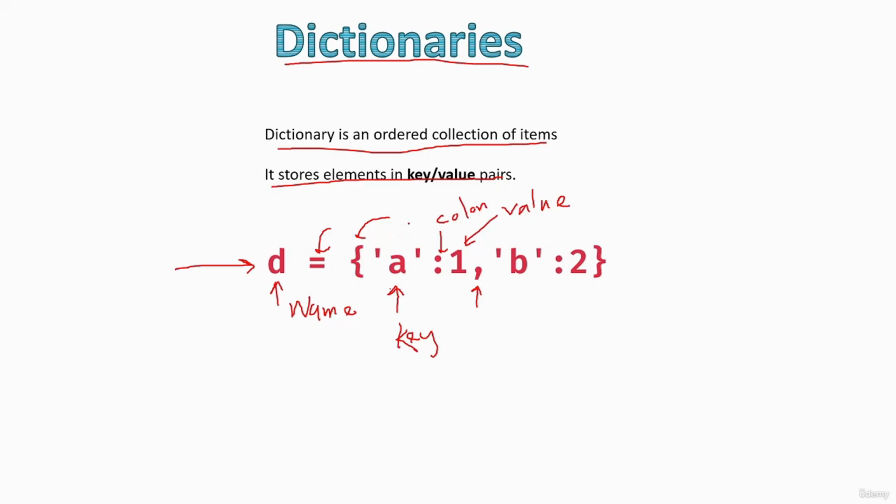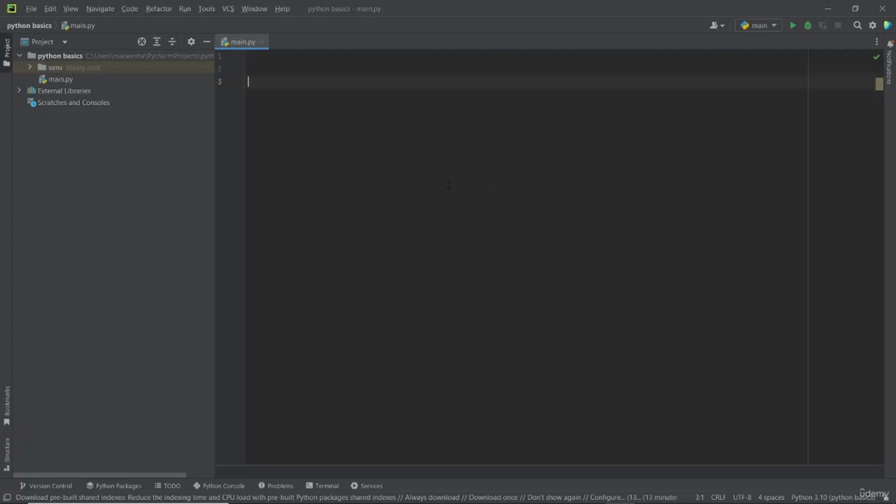Now let us go to PyCharm and create some dictionaries. Now I am creating a dictionary called car. Assignment operator. Then within the curly braces, I can specify keys and values. First I specify a key called brand. Then colon. Brand is Toyota. Then comma.